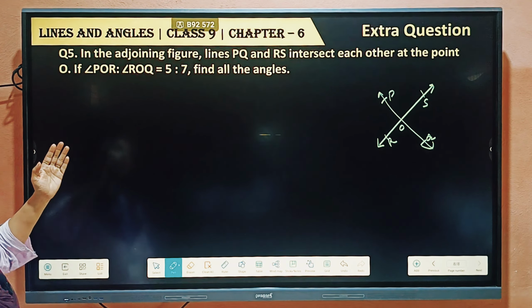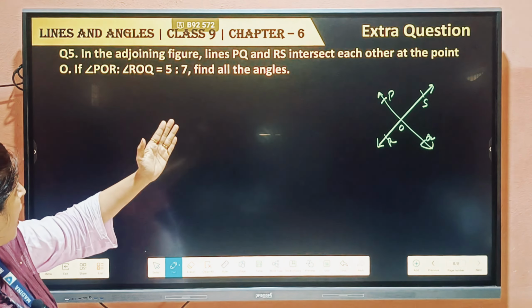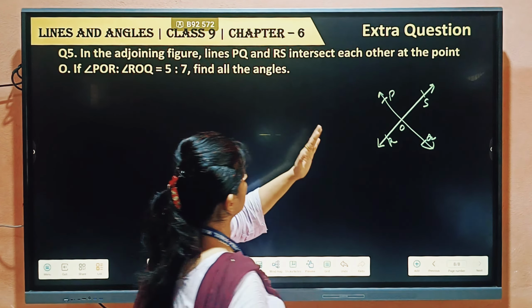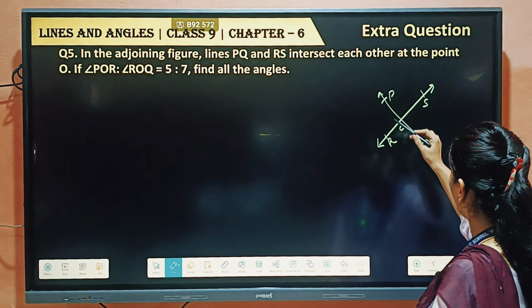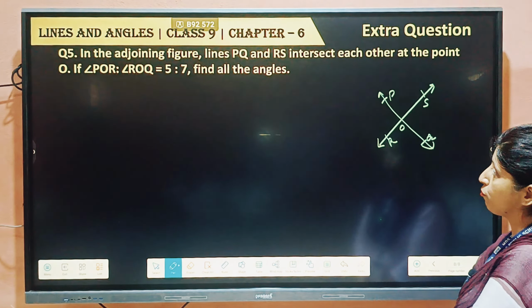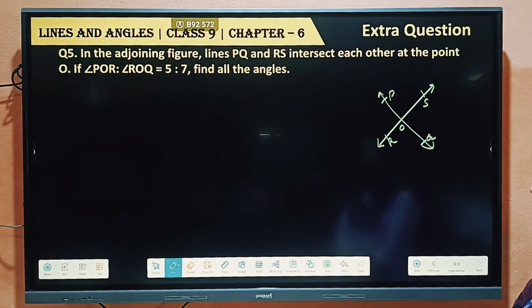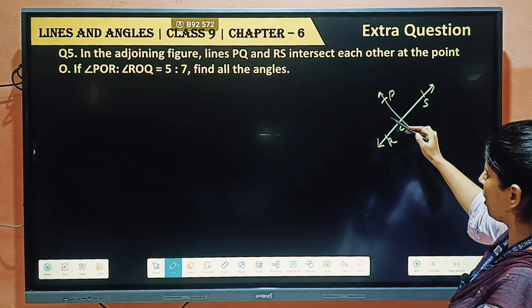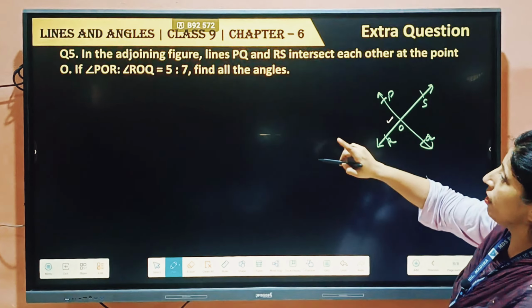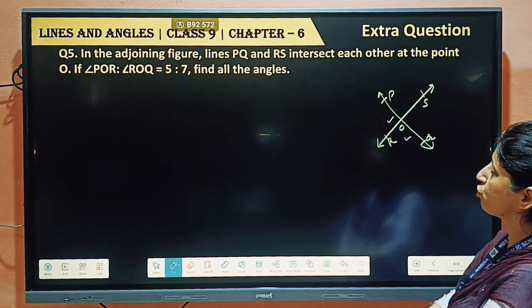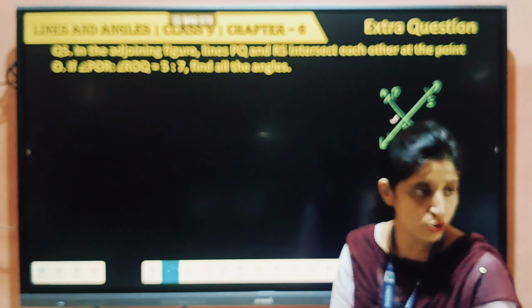Figure is there. Lines PQ and RS intersect each other at the point O. Angle ROQ and POR, this POR and this ROQ, these two angles are given in the ratio 5:7.